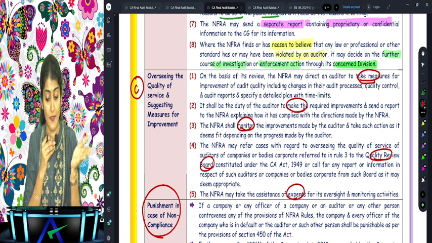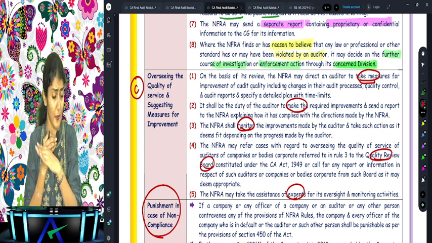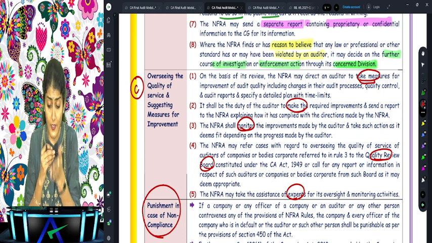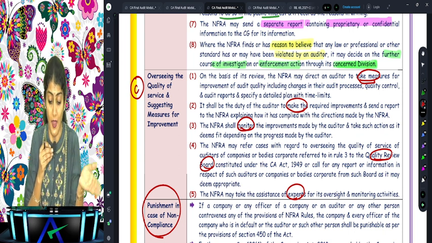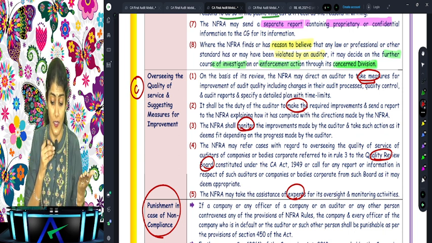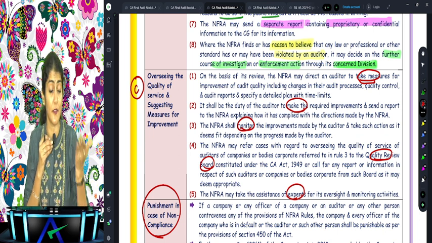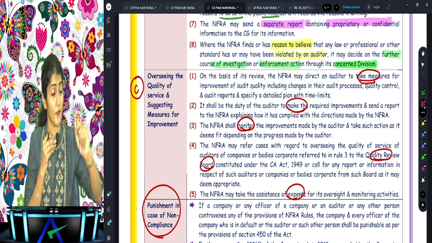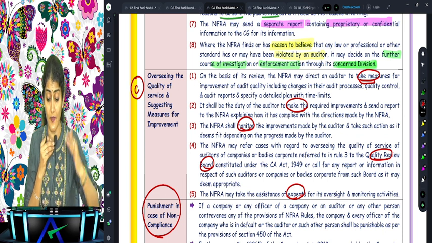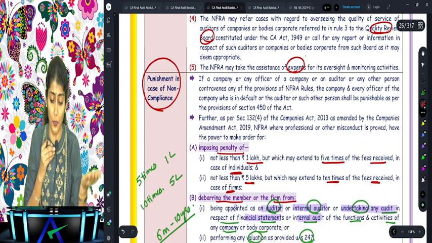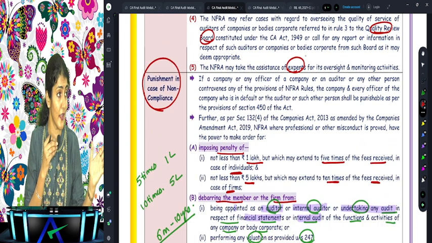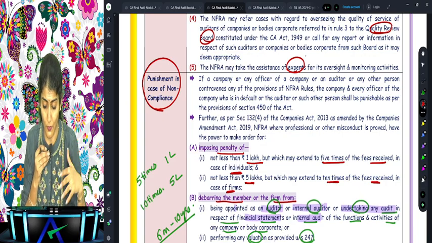Then NFRA will monitor the improvements made by the auditor and take such action as it deems fit depending on the progress made by the auditor. And NFRA may refer the cases for overseeing the quality of services to the QRB, that is the Quality Review Board. And if they cannot do the work on their own, they can always take the assistance of experts.